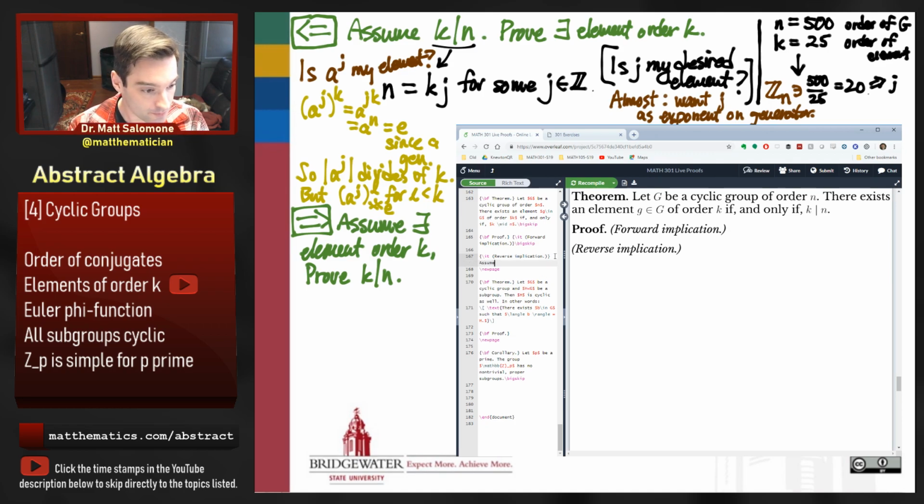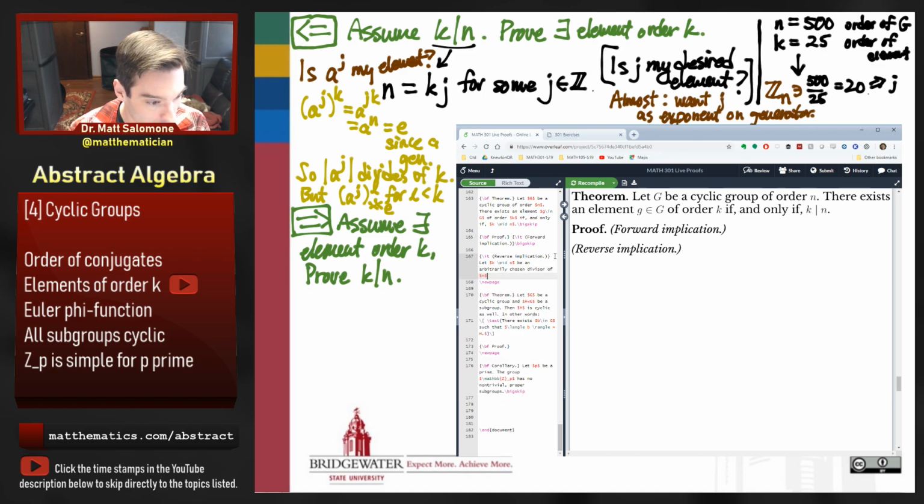So let k divide n. So let k be a divisor of n, arbitrarily chosen. We will show that there exists an element of order k in the group G.